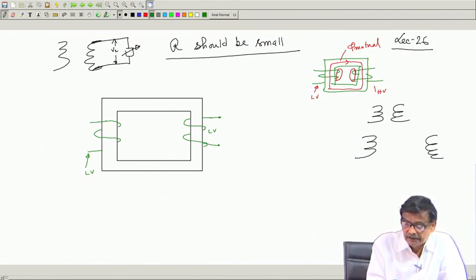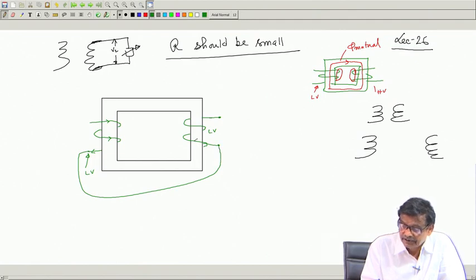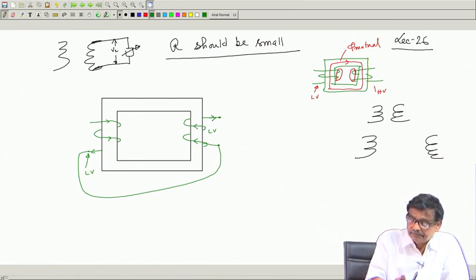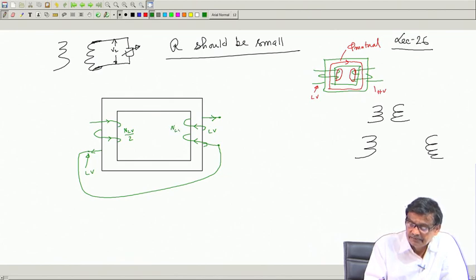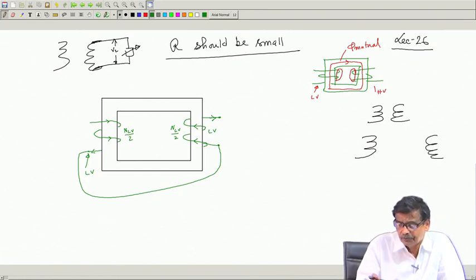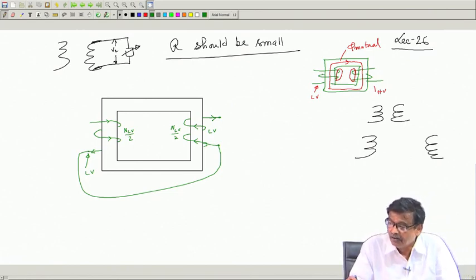So, when you pass current through this, these two coils you connect in series. Got the point. So, the LV number of turns you divide like this, N LV by 2, N LV by 2, and distribute them on both the limbs, instead of trying to put all the turns N LV on a single limb.